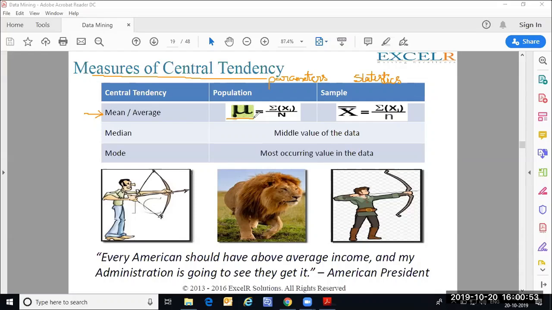The formula is simply to add up all the data points. This symbol is sigma, which is for summation. Sigma of xi, where X is the random variable and i indexes the values it takes.